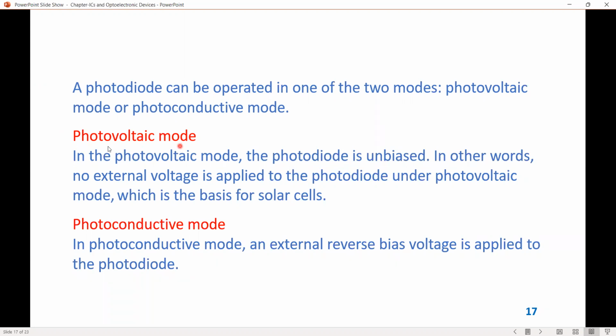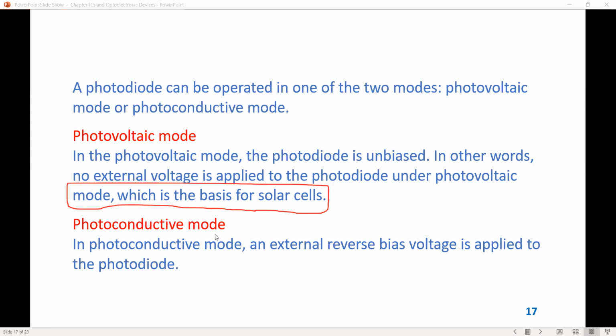That is, when we are using this photodiode in photovoltaic mode, it is unbiased, meaning we are not connecting any external battery. In other words, no external voltage is applied to the photodiode under the photovoltaic mode, which is the basis of solar cells. This concept is used in solar cells. Understand? We don't need to connect any external source. It is the basis of the solar cell.